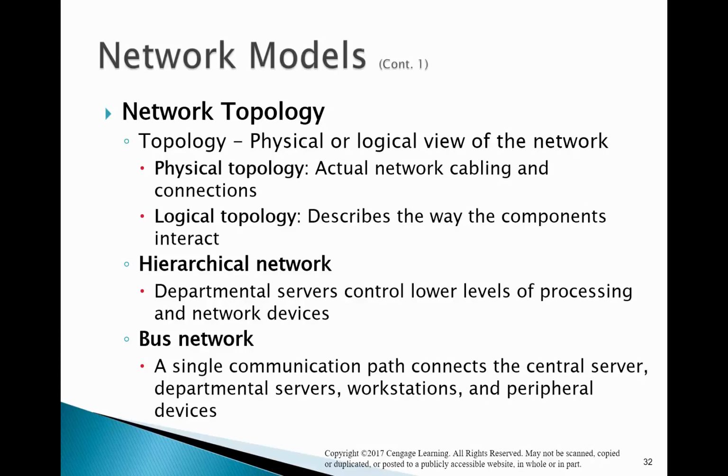Now, topologies I mentioned before. Topology is configuration, depends on how this is laid out. We have two types of topologies, physical and logical. The physical topology, if you have a classroom of computers, they are set up on a BUS configuration.